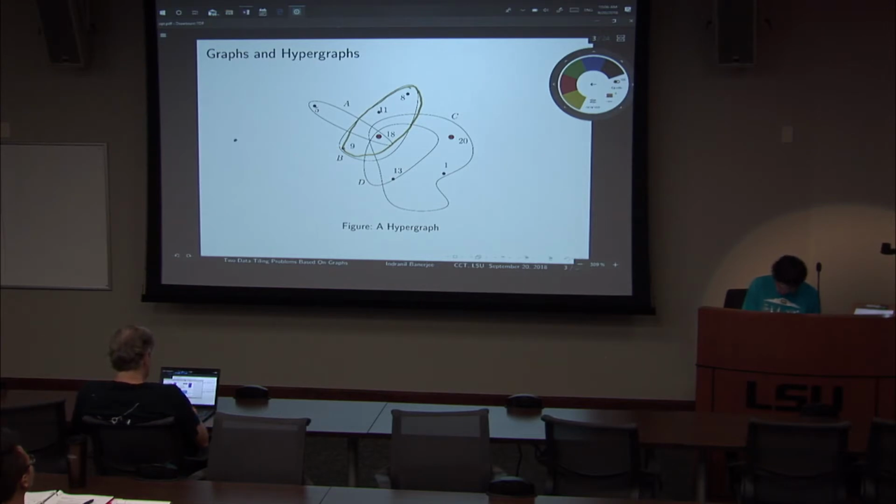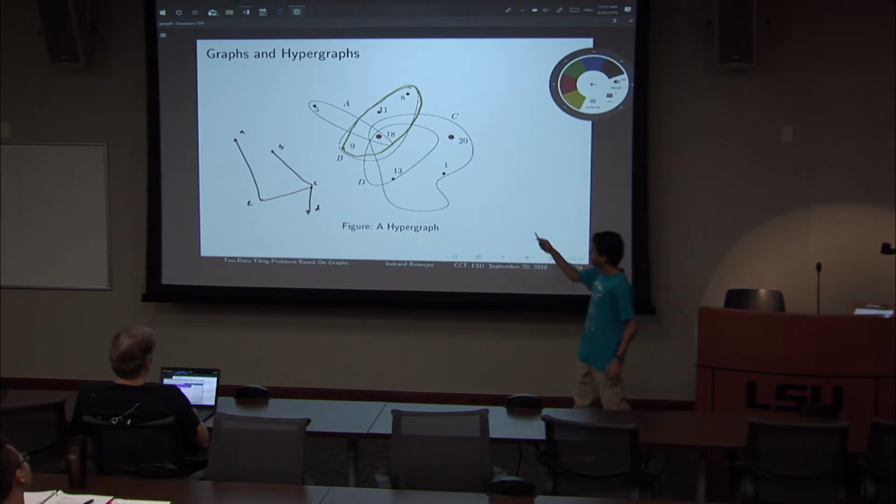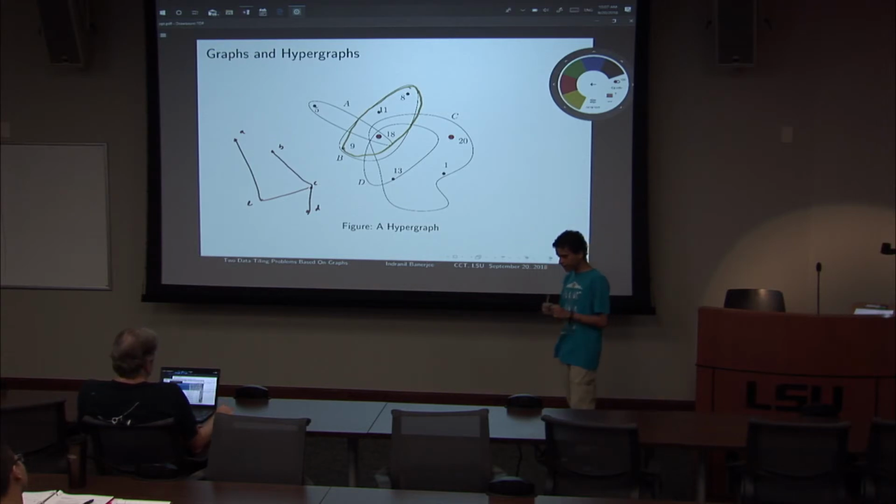If I have a graph like this, this graph is connected, it's a tree. From any pair of vertices, there is a path. For a hypergraph, it's defined in a similar way. If you have a sequence of hyperedges between two vertices where every successive edge, correct me if I'm wrong, has a non-empty intersection, then the hypergraph is connected.